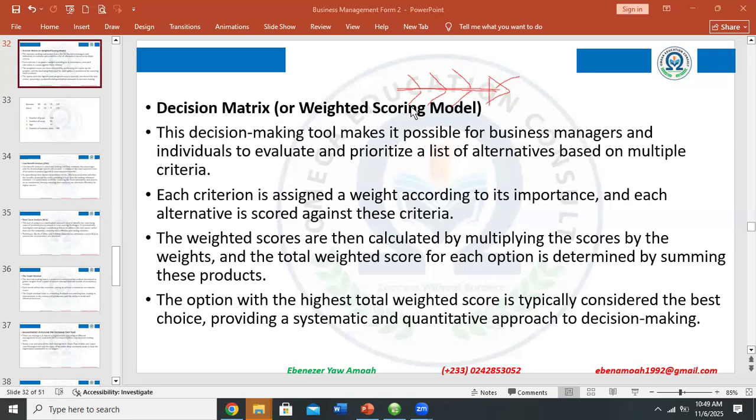Well, teachers don't do that multiplication because what we do is sum up the exams and the class assessment, and the highest score becomes the best student. So the only difference is multiplying the score with the assigned weight of the criteria. But at the end of the day, the decision we take as teachers to choose the best student is in sync with this decision matrix, because we choose the highest score as the best. And this decision tool applies the same way: you choose the highest score as your best alternative or option.